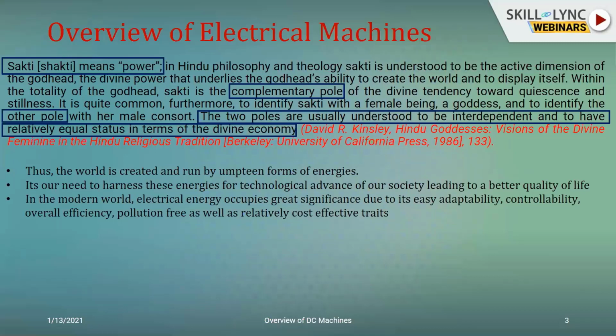In the modern world, electrical energy occupies great significance, and this is a huge leap over the traditional mechanical power and the dominance of the mechanical domain, simply because of its easy adaptability, ease of control, and better overall efficiency. It is also pollution free and cost effective when you compare it to the mechanical equivalent.